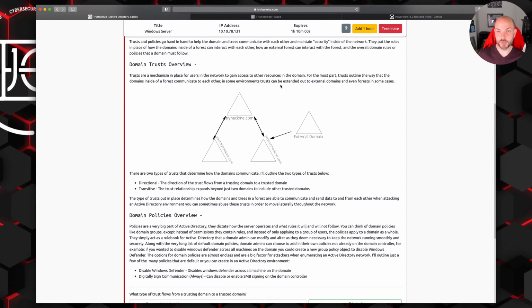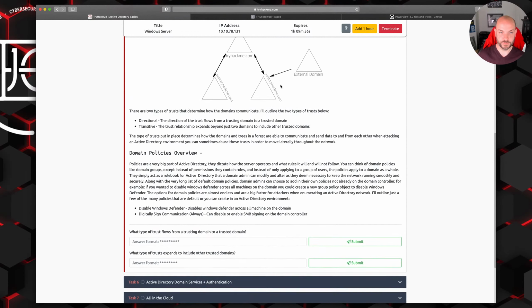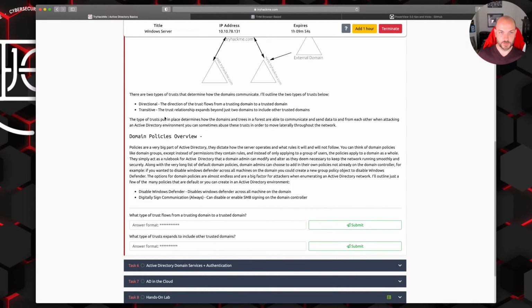And in some environments, trust can be extended to external domains and even forests in that case. Oh, and I was talking about this above too. Directional and transitive. So two types of trust to determine how domains communicate. Directional, the direction of the trust flows from a trusting domain to a trusted domain. And transitive, the trust relationship expands beyond just two domains to include other trusted domains.